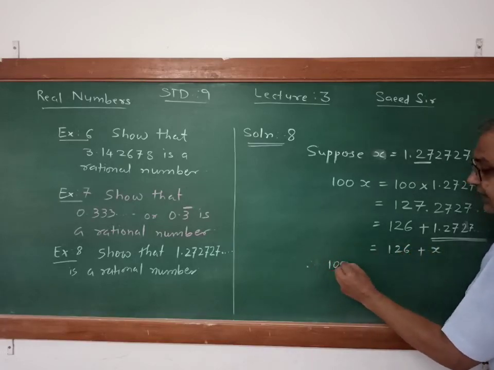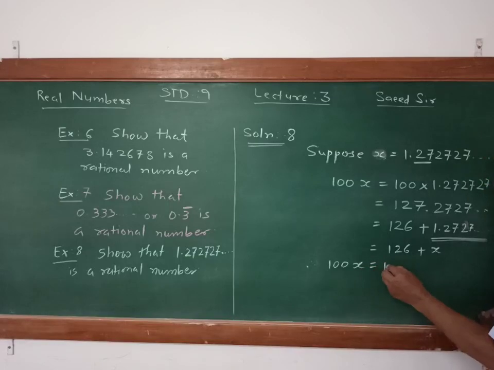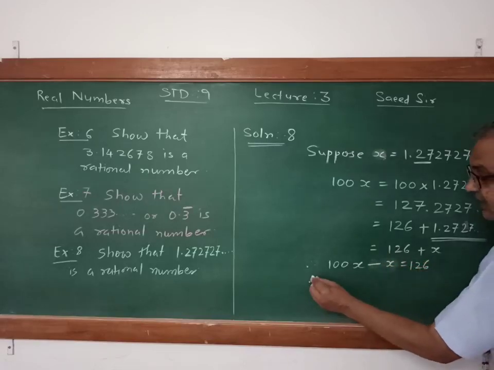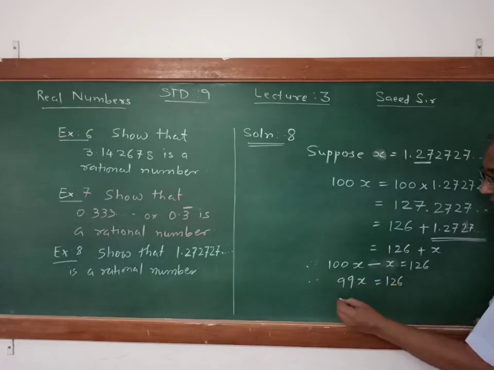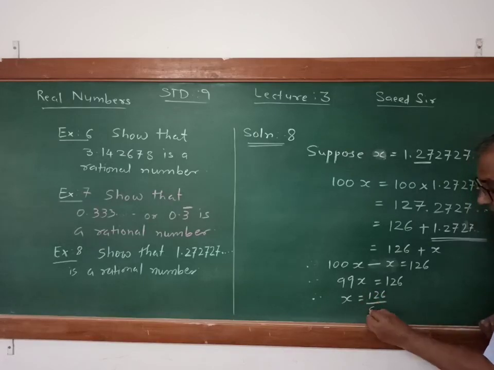Therefore 100x is equal to 126 plus x. 100x minus x is equal to 126. Therefore 99x is equal to 126. Therefore x is equal to 126 by 99.